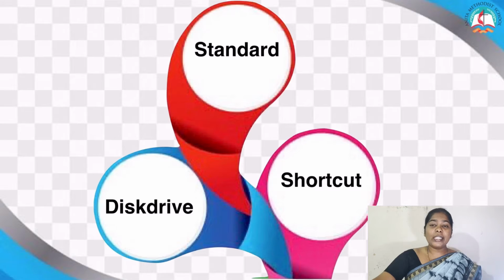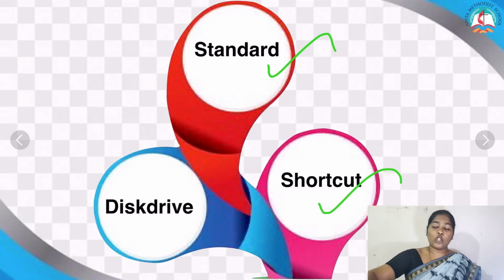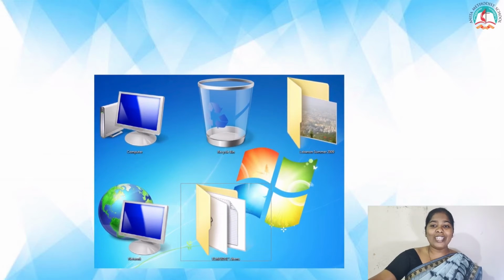The next one is, there are three types of icons: standard icons, shortcut icons, and disk drive icons. Now you are going to tell me what a standard icon is. Look here. Can you guess what a standard icon is? What do you mean by standard?